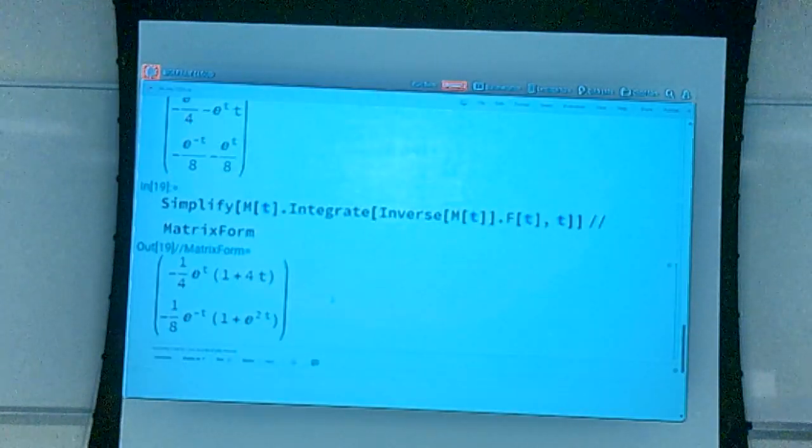I challenge you, of course, to do all this by hand. And then appreciate the computer. What I'm going to do is this.